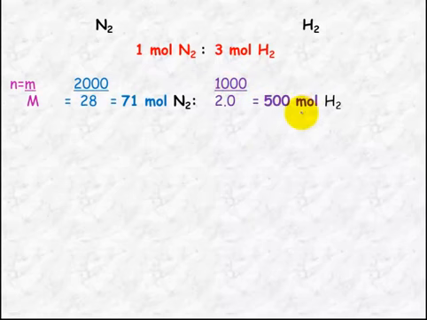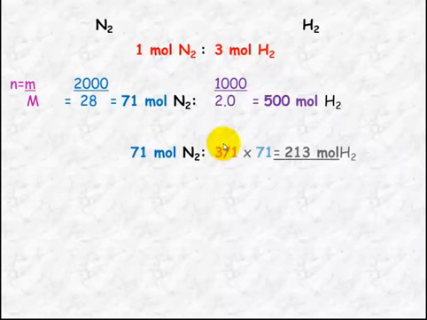We need to decide which of these are in excess. So we need to compare how much would be needed of each based on this mole ratio. So if I was to have 71 mole of nitrogen, how much hydrogen would I need to react with that? I need to work out the mole ratio times the 71 mole, and I get 213 mole of hydrogen.